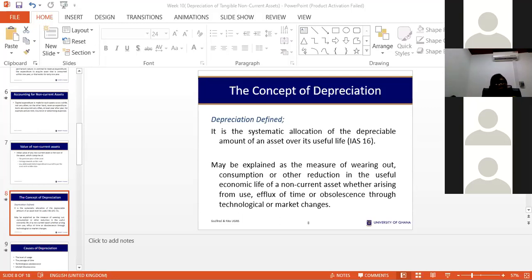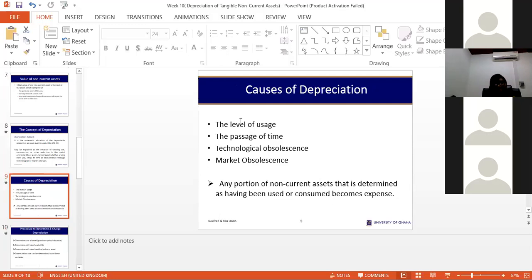Okay. Now, what are the causes of depreciation? The level of usage. If you use an asset over time, most of you, I think, bought laptops maybe last year because of all this. I'm sure for you students, your parents expect that till you finish, they are not buying laptops. In the business world, of course, they would also do the same thing, but they have to look at the usage.